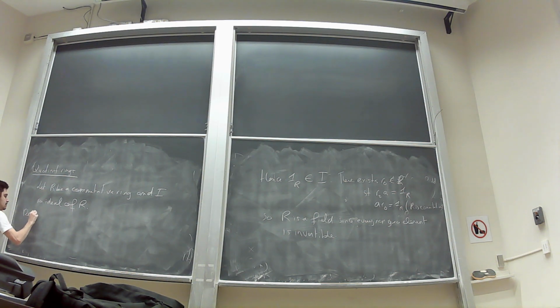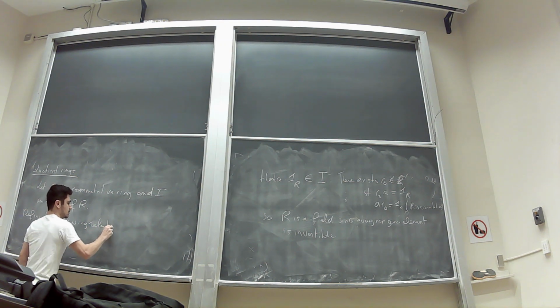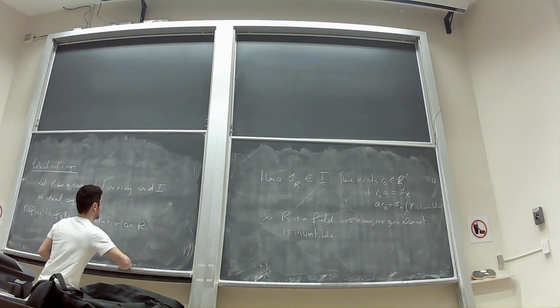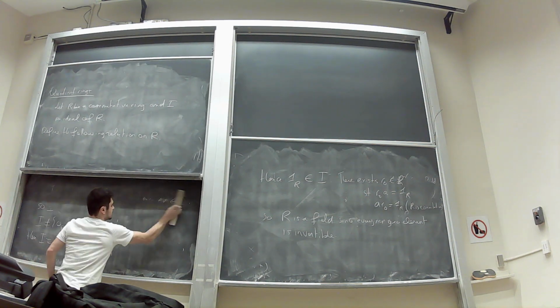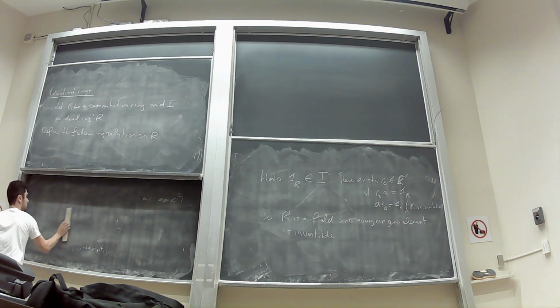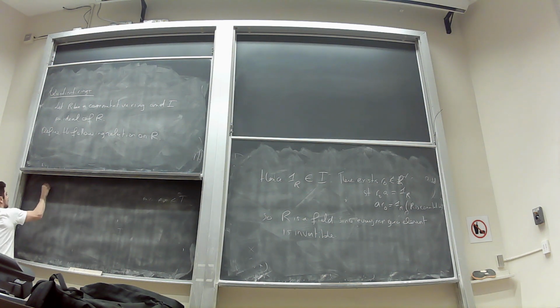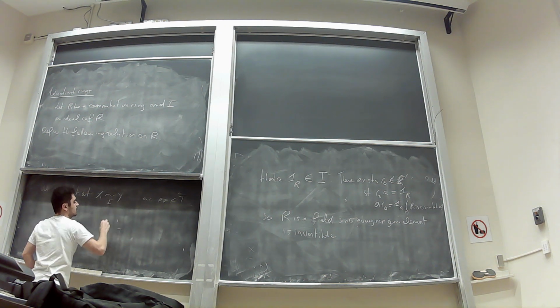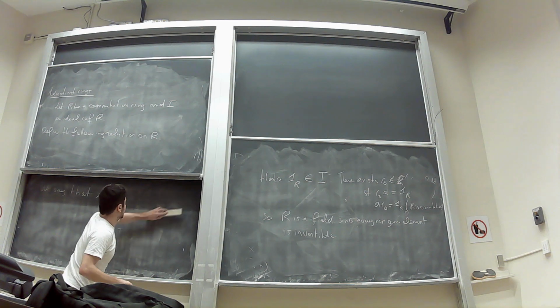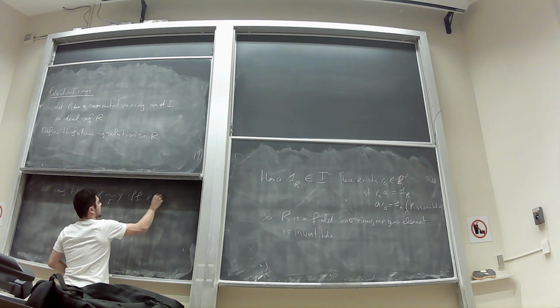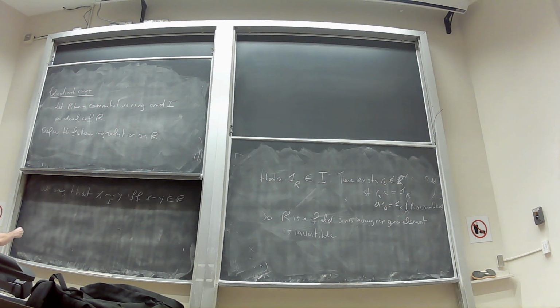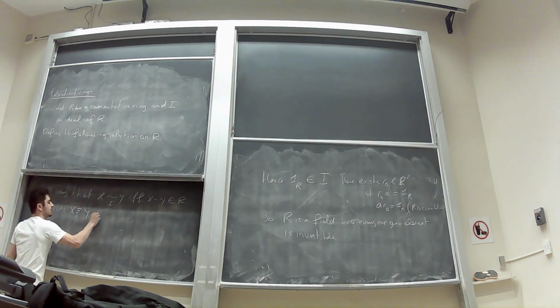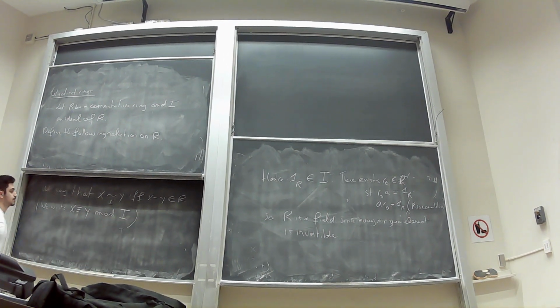Define the following relation on R. We say that x is related to y, I'll add a small I here, if and only if x minus y belongs to I. We write x is congruent to y modulo the ideal I. Okay, just a notation.